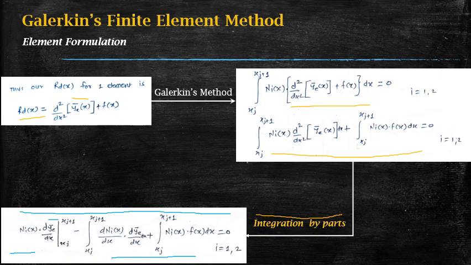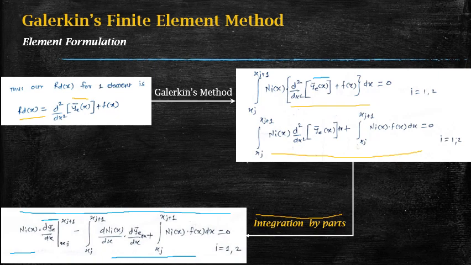Here it is d2 y bar e by dx square. Here it is only dy bar e by dx. So the requirement on the continuity of field variable has gone down. So this is also called a weak form of Galerkin's method.